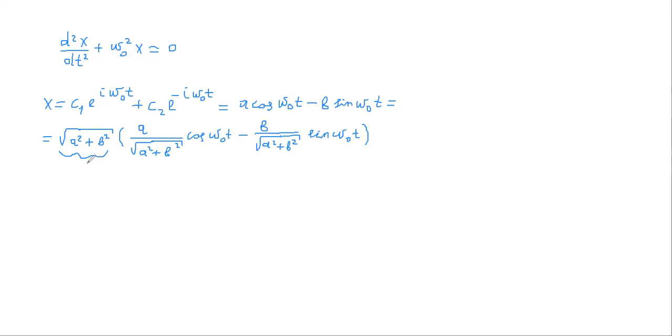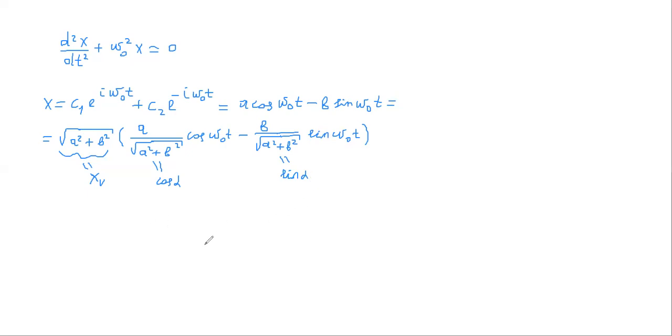We can designate this square root as xv, and we can designate this as cosine alpha, and this as sinus alpha.